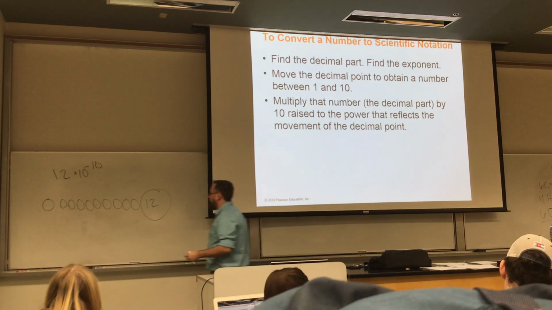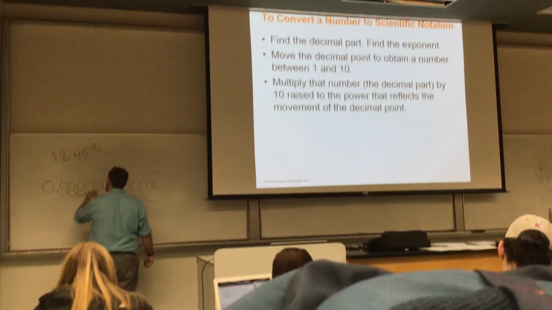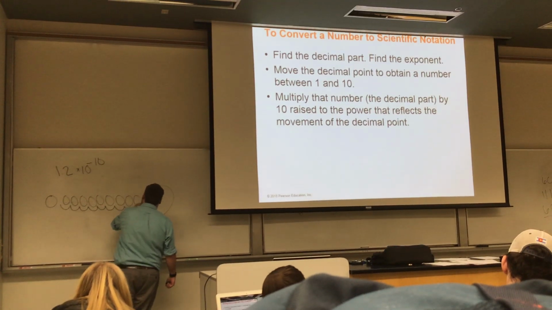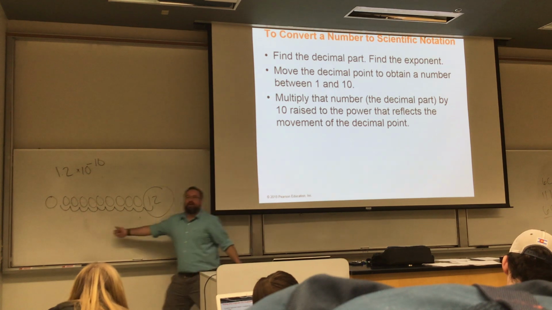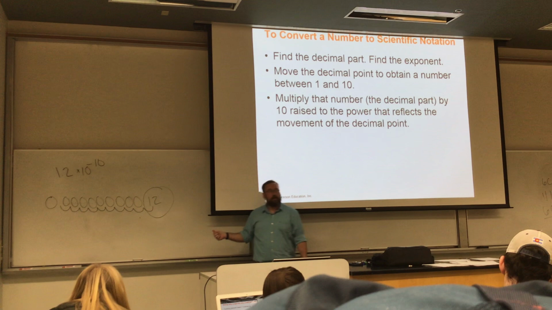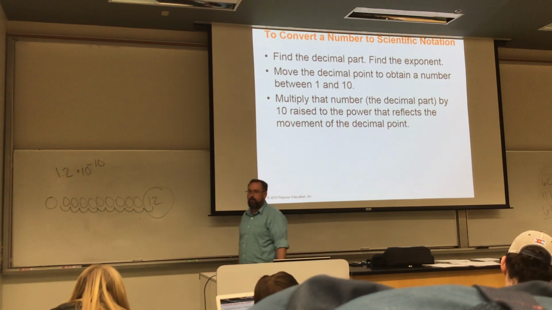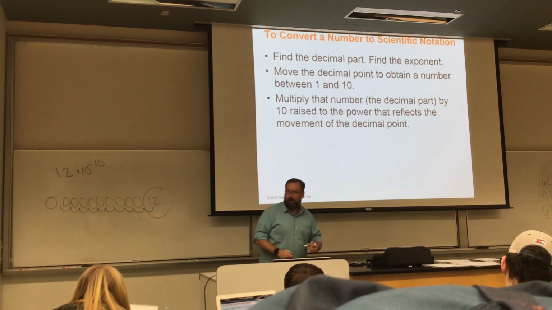And then all we do is count how many times I need to move this decimal point over. 1, 2, 3, 4, 5, 6, 7, 8, 9, 10. And because I moved it this direction, it's negative. If I move it the other direction, it'll be a positive.